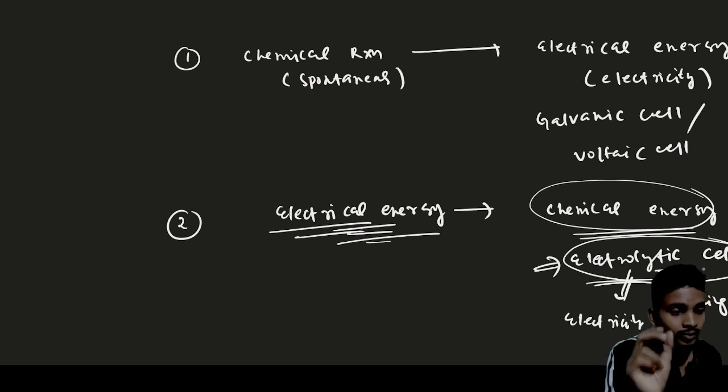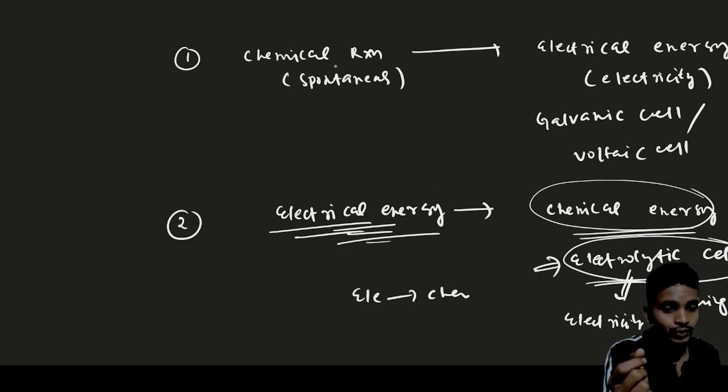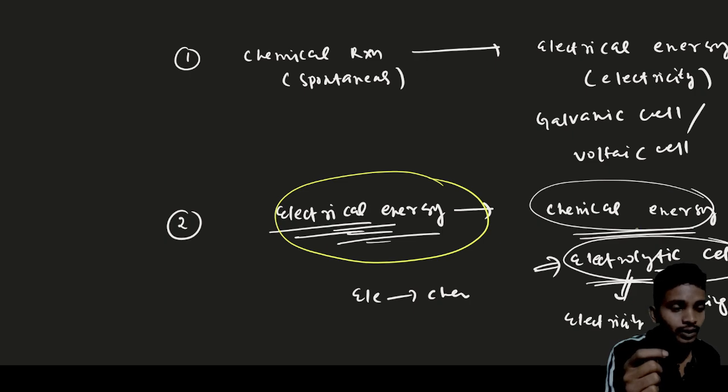So if this is electrical to chemical, then the other has to be chemical to electrical, because these two are opposite. So electrolytic cells are used when you have the electricity and you use it to produce the chemical reactions.